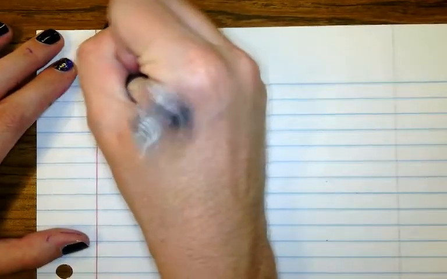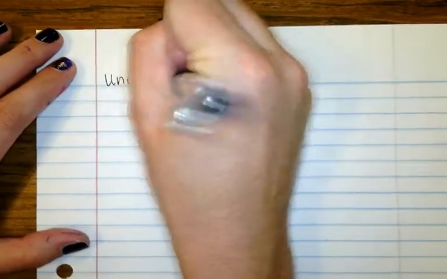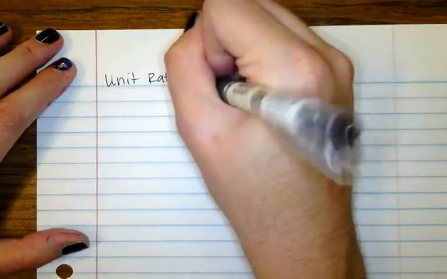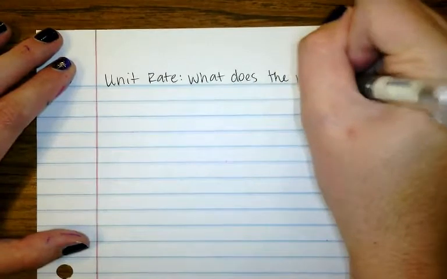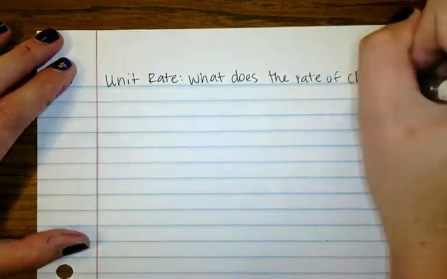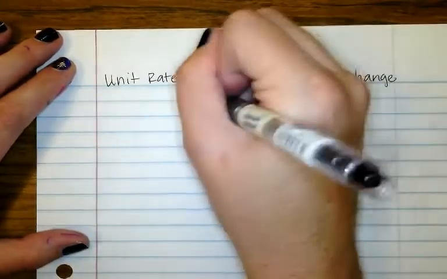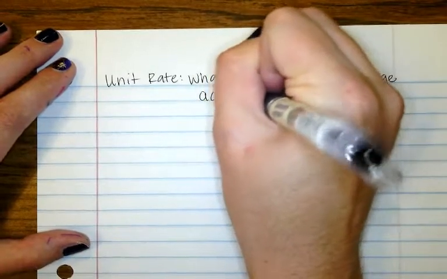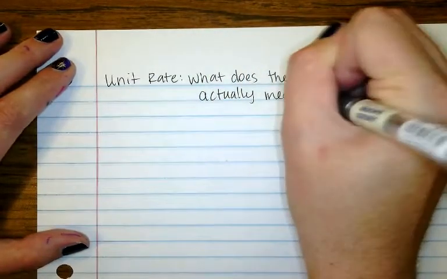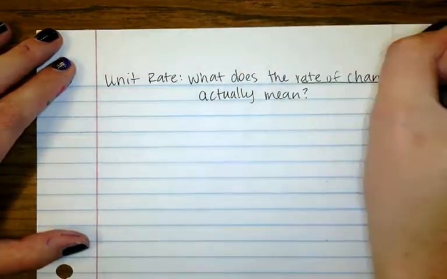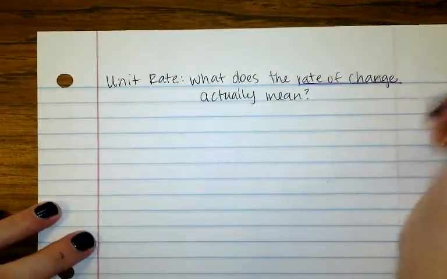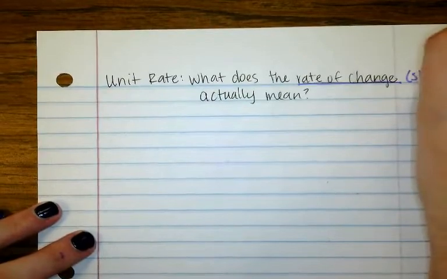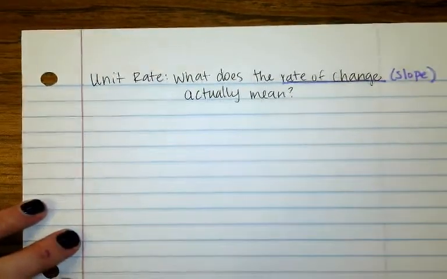What does the rate of change actually mean? Because another word for rate of change is also slope. So what does that slope actually mean? The unit rate, or the rate of change, helps us understand what it actually means.